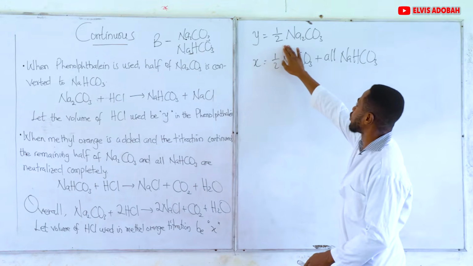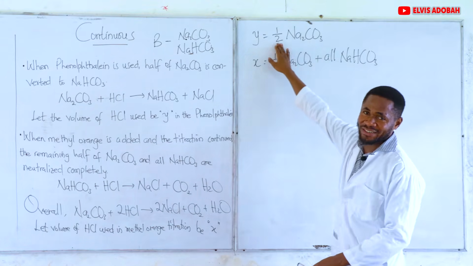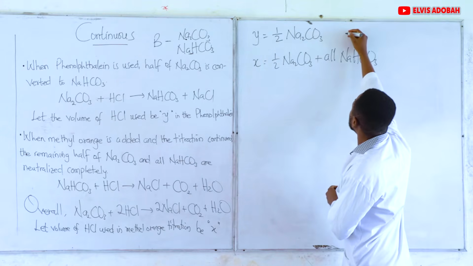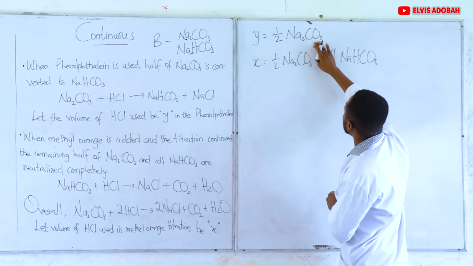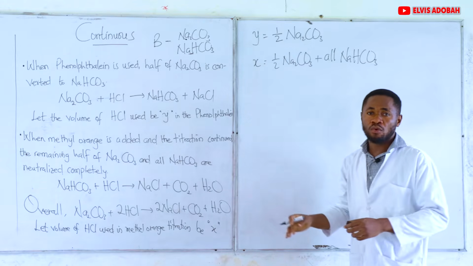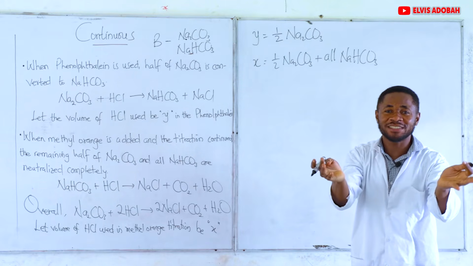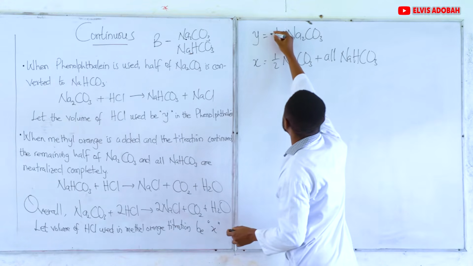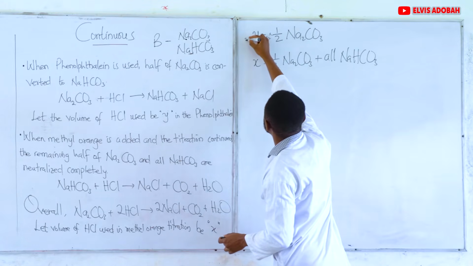Now, from this first one, we can say that if half of sodium carbonate is equal to Y, what will be complete sodium carbonate? Simple mathematics. Let's multiply here by 2 and here by 2.